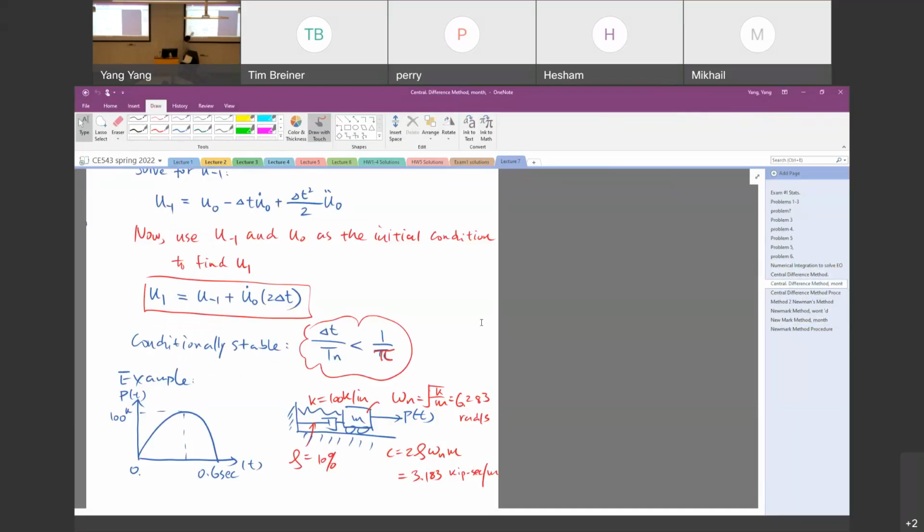This is a half sine wave, so we should be able to get all the data for the P_i or P_(i+1). And if we have a system with a given natural frequency and damping ratio, how can we use the numerical method to calculate the response here?